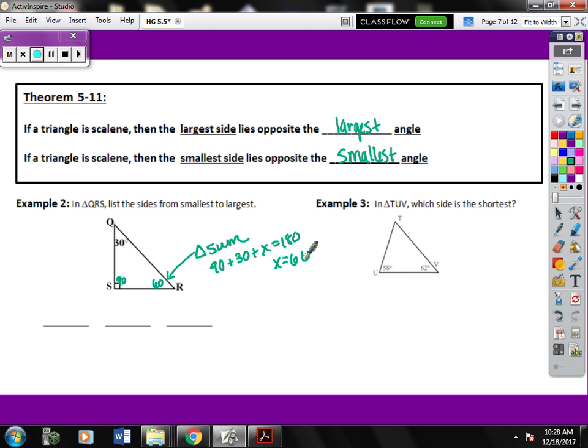Then we can clearly see that the smallest angle is 30. So the smallest side would be the side across from the 30 degree angle, which would be segment SR or segment RS. Should have a segment bar. The next largest angle would be 60 degrees, so across from it would be QS. And lastly, the largest side would be the hypotenuse, which would be segment QR.